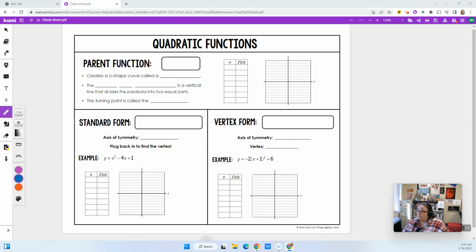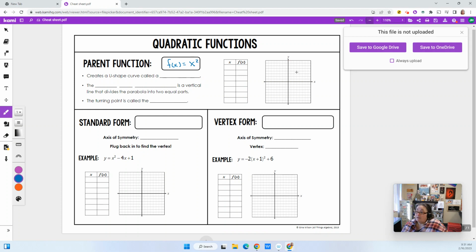So if we're looking at the parent function, if you remember, the parent function is just f of x equals x squared, right? That's the function that we're working off of this entire time.